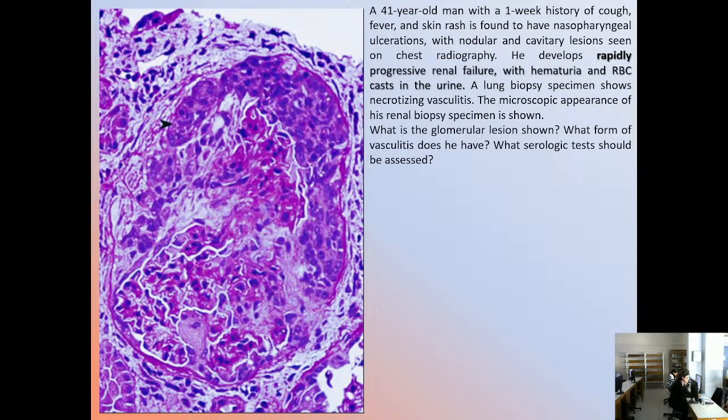One possibility is ANCA-related glomerulonephritis. Another possibility is anti-GBM, anti-glomerular basement membrane disease. Which is the characteristic feature of anti-GBM? A linear deposition, not granular, linear deposition of IgG with a global and diffuse pattern in the affected glomeruli.